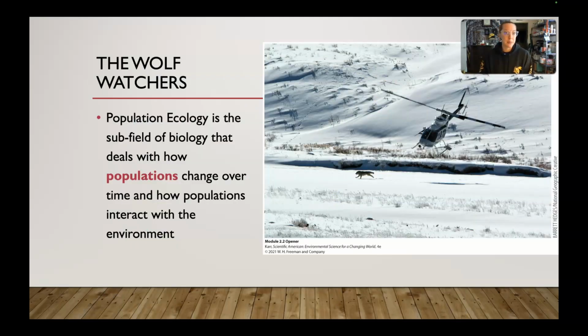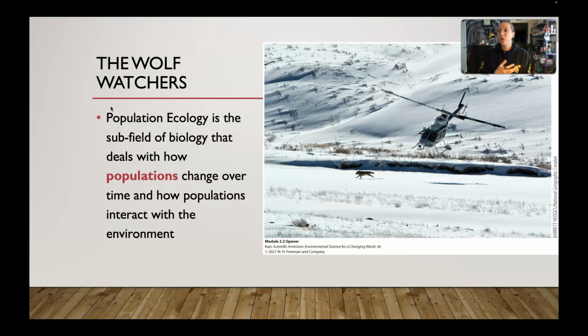Getting back to the definition, population ecology is a subfield of biology that deals with how populations themselves change over time, and also how populations can interact with the environment. In this case, the wolves played a really big part of the wilderness in the Northwest United States, but we didn't realize the downstream impacts that wolves had until much later.